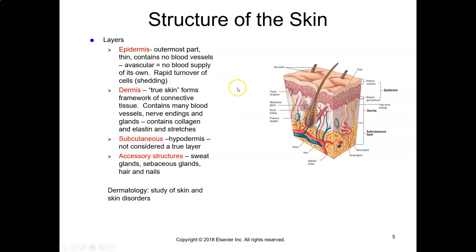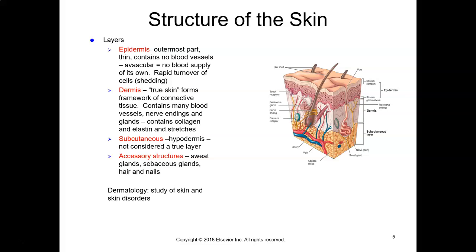So the epidermis is the outermost part. It is thin. It contains no blood vessels. It is avascular, is what we call it when it has no blood vessels. It has no blood supply of its own. It has a rapid turnover of cells, like the shedding of our cells. So like I said, dandruff, that sort of thing. The dermis is what we call the true skin.